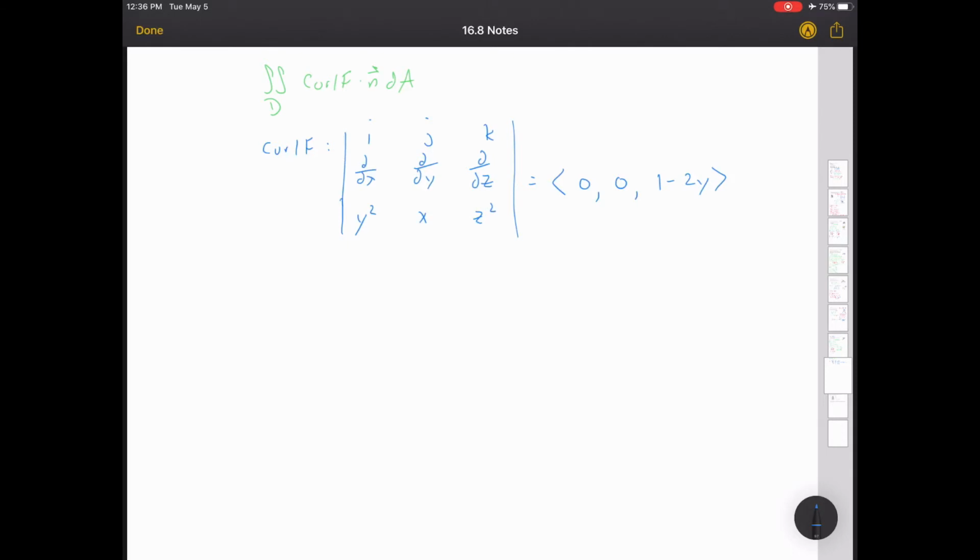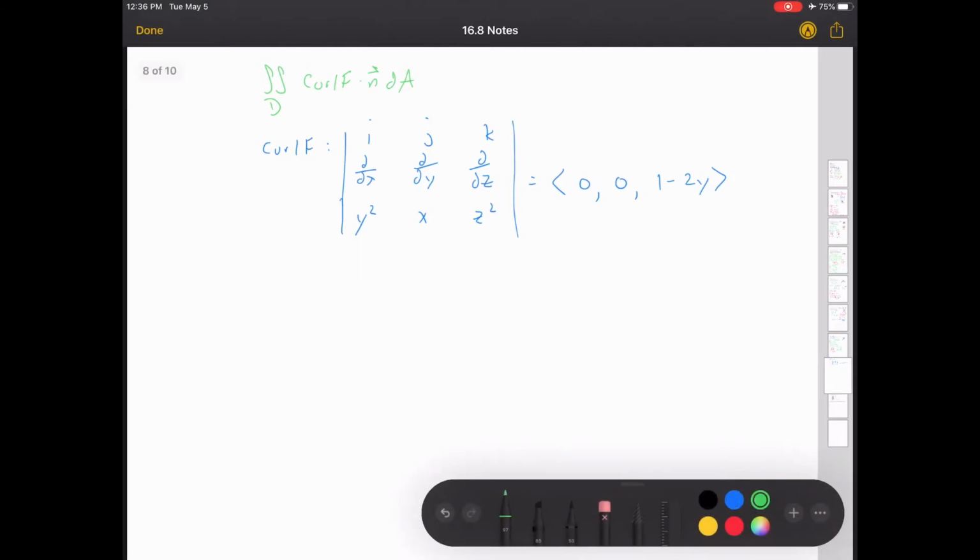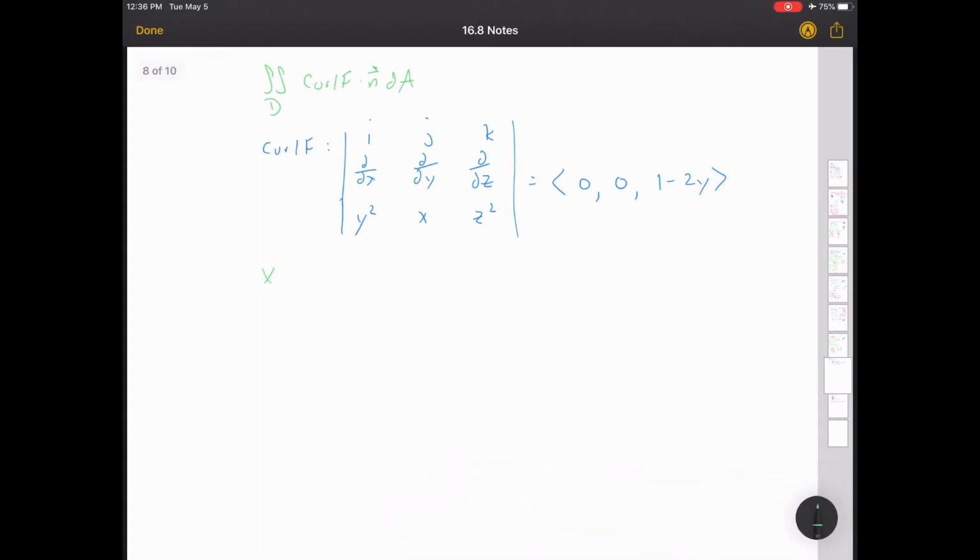We're going to have to figure out what our cross product is, so we're going to go ahead and parameterize this. Looking at the original functions, I think that the easiest thing to do would be to keep it as a trivial parameterization. Again, you could go ahead and change this to polar right now and do it that way. I'm personally going to keep it as trivial. It doesn't make any difference. So I'm going to let x equal x.